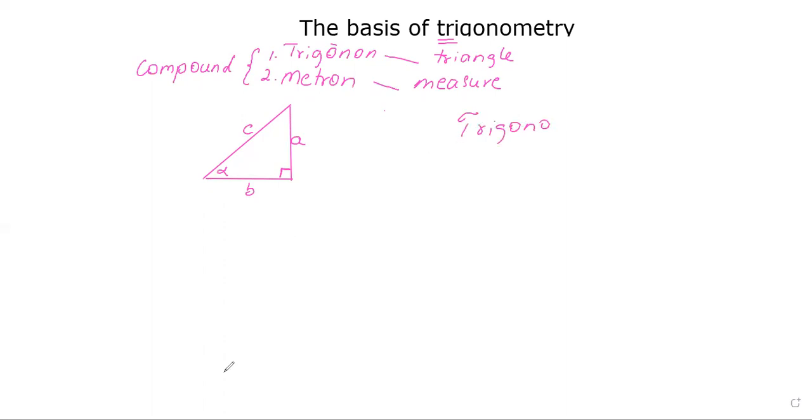Now, there are only three things that we work with here. The first one is a ratio. The second one is an angle. The third one is a value. Three things only.